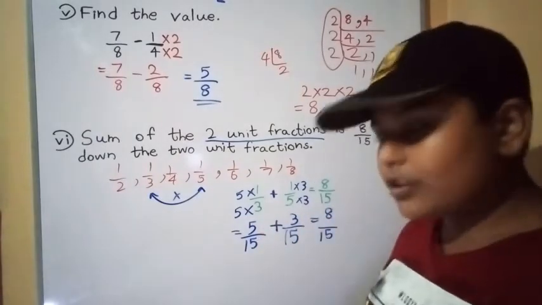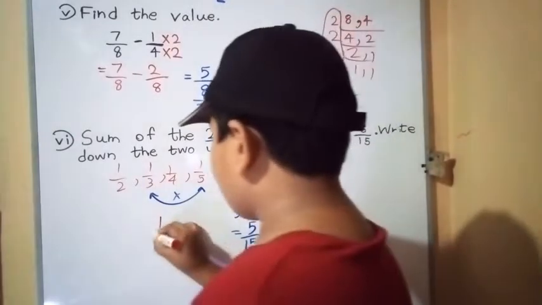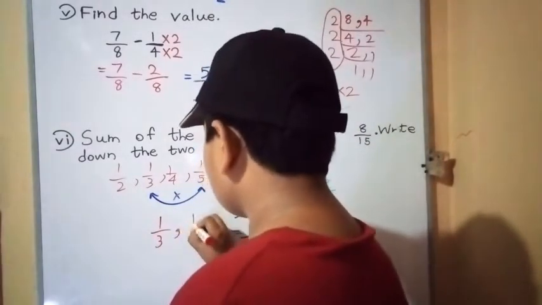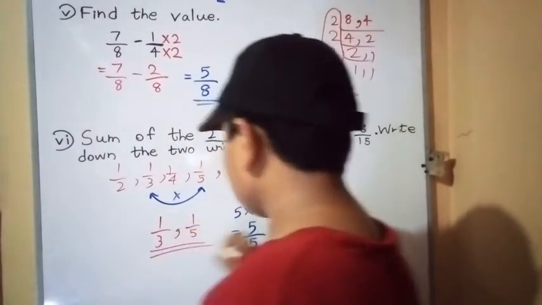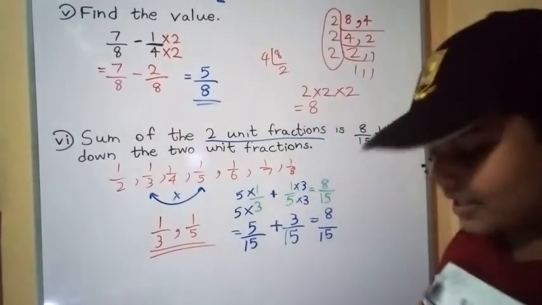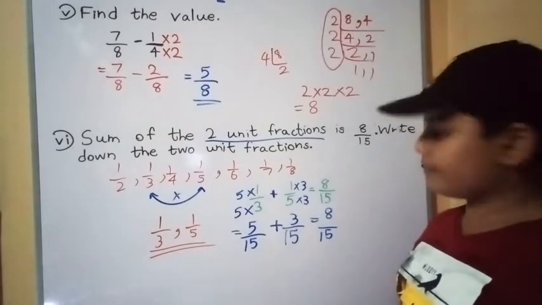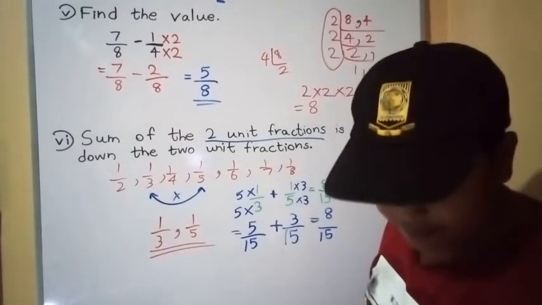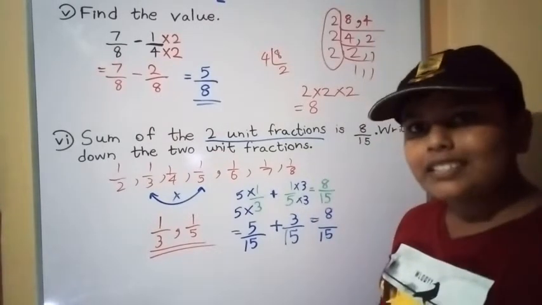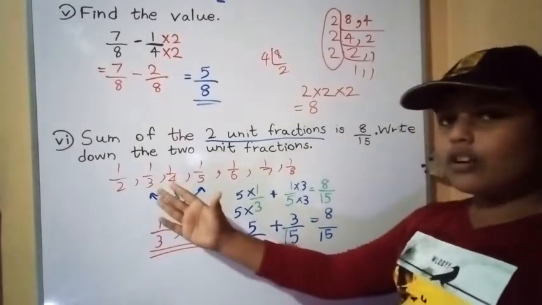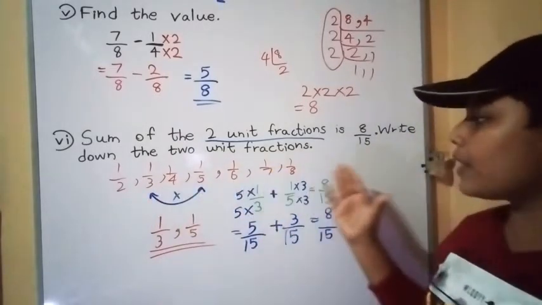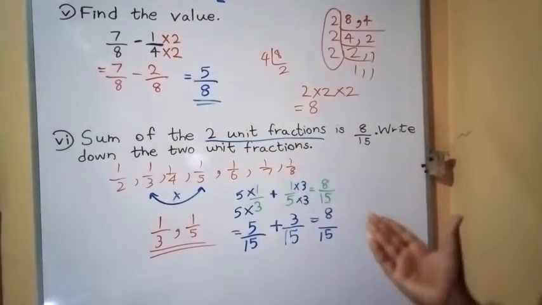Now what are the two unit fractions? 1 over 3, 1 over 5. These are the two unit fractions that came for that. Again explaining grade 6, guys. Now you want to get all unit fractions like this correspondingly.